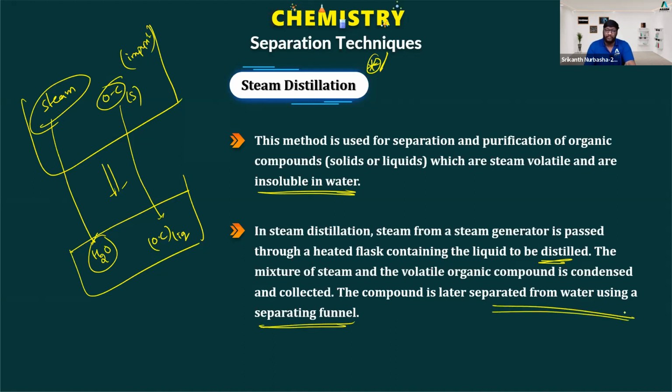What do you mean by that? In water, that organic liquid is insoluble, meaning water and organic liquid separate into two distinct layers. So you have a separating funnel, somewhat like this. The diagram may not be exactly clear. The stopcock will be at the bottom. One layer separates out, the other layer separates out.